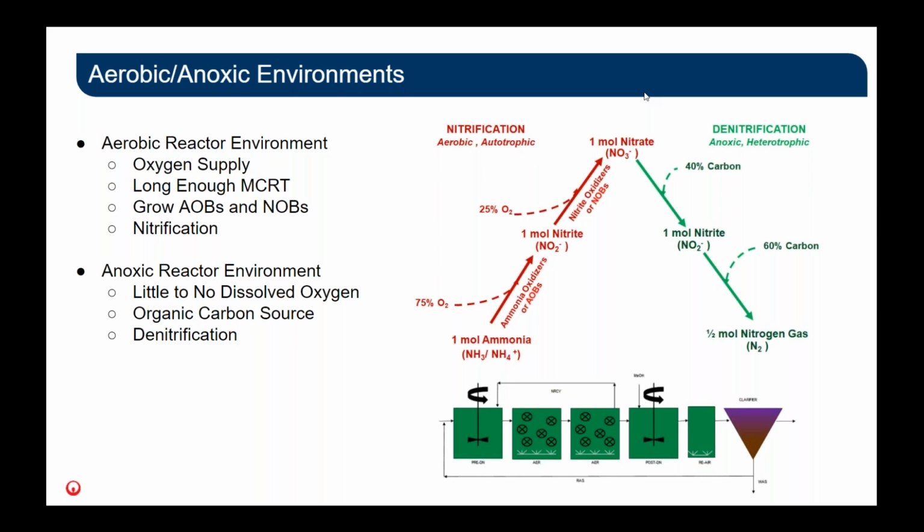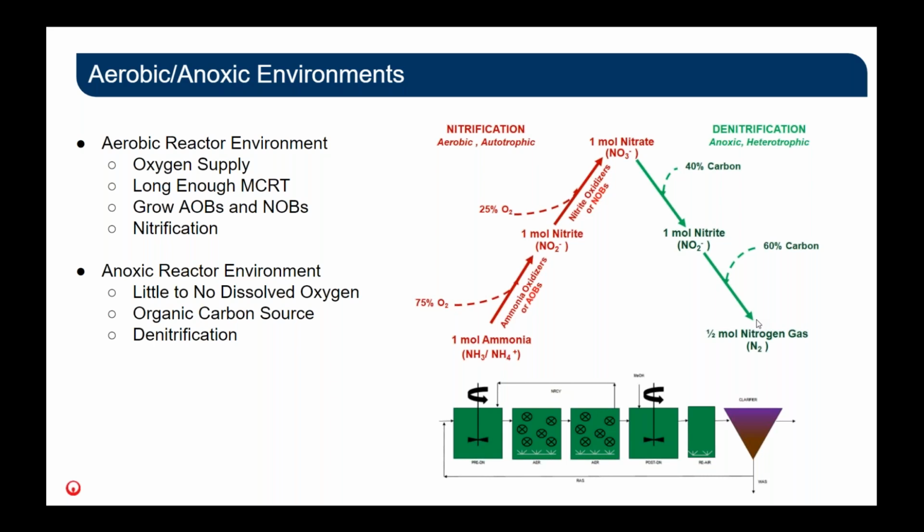I'm sure most of you on the meeting today are familiar with the core basics of nitrification and denitrification, and the need to establish aerobic and anoxic environments to achieve those different objectives. This little schematic simply walks through going from what you would see in the influent to your wastewater facility, which is generally going to be in the form of ammonia, and it being treated to form nitrate through the nitrification process.